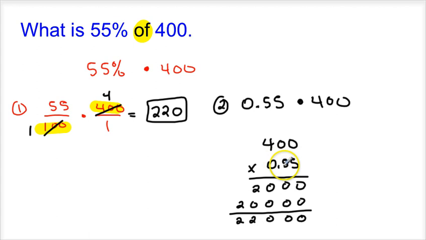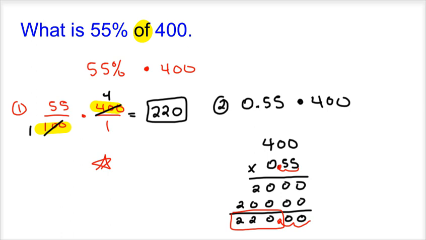Do not forget that you have two decimals here, 1, 2, so your answer is 220. In this case, I prefer fractions. I think it's less work. You don't have to worry about moving your decimals over. It's nice and easy. But again, the choice is yours.